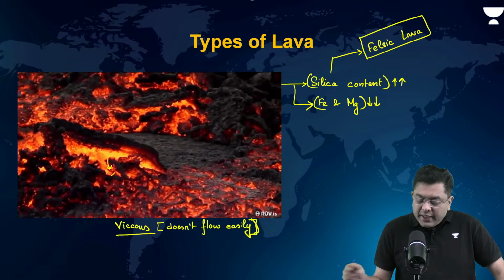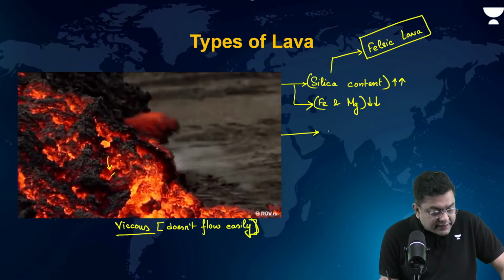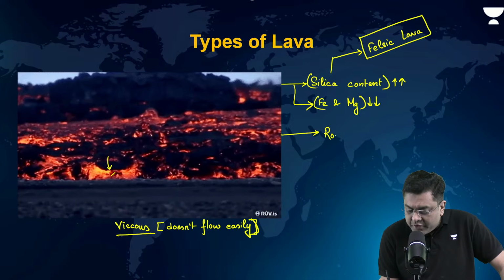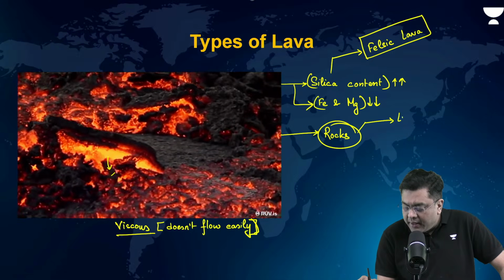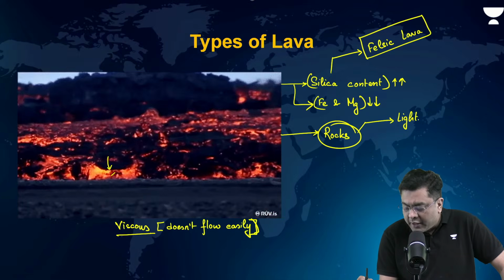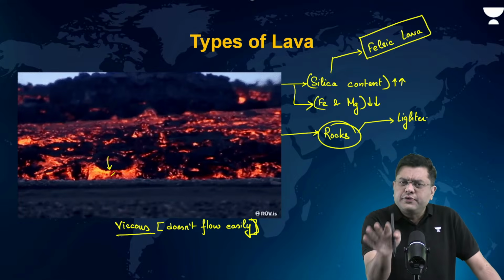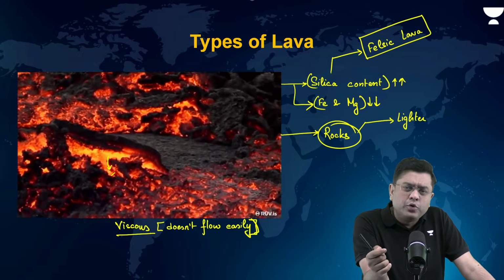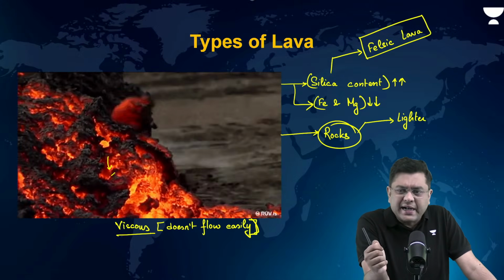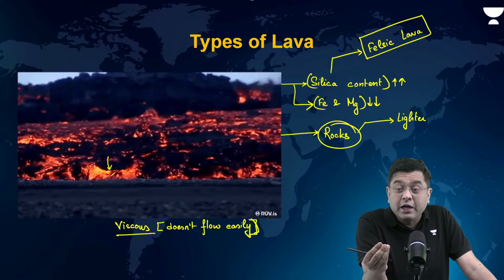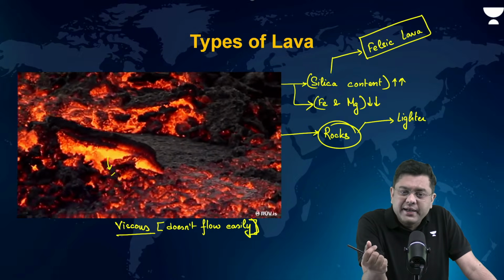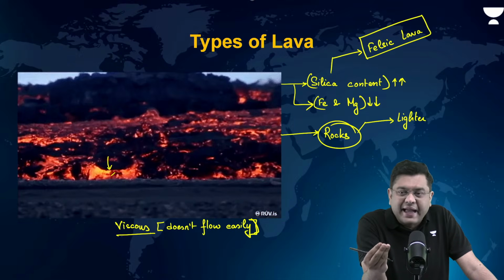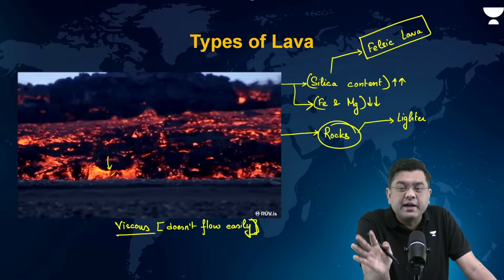Okay. Now, here the rocks which will be created when it solidifies will be lighter in color because of high amount of silica. Just for your reference sake, so that you are able to recall it easily and understand it easily. When you take a look at the sand, okay, sand is what? Lighter in color. Now that sand is very rich in silica.